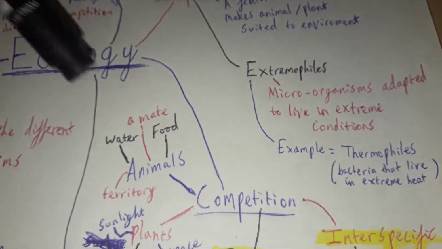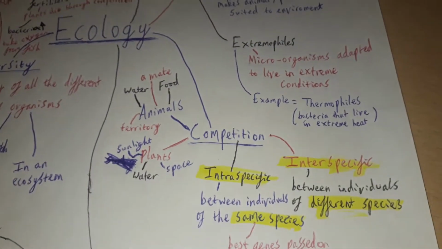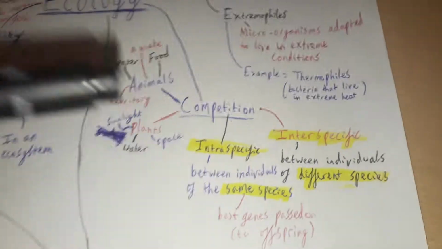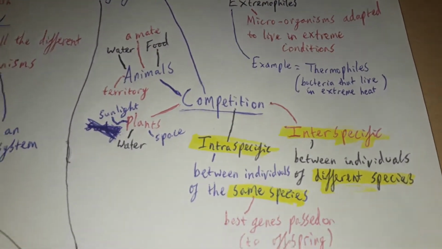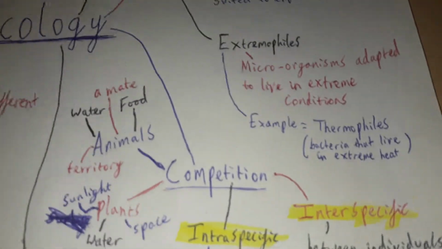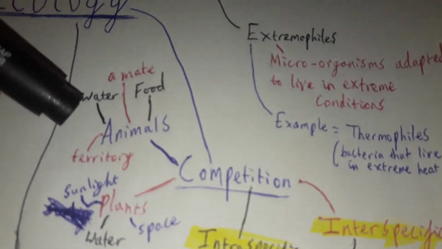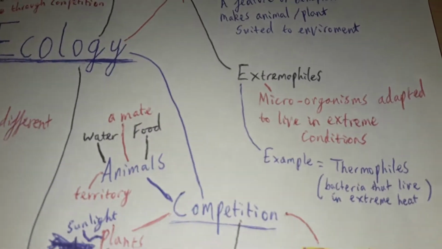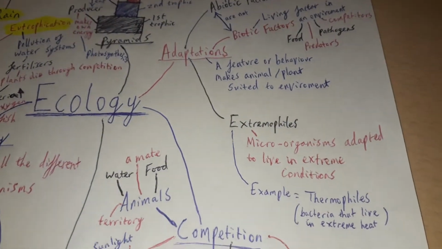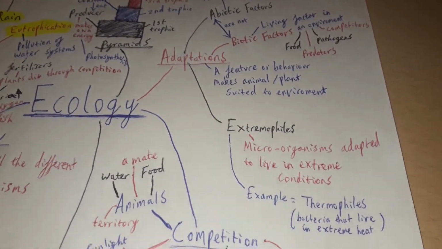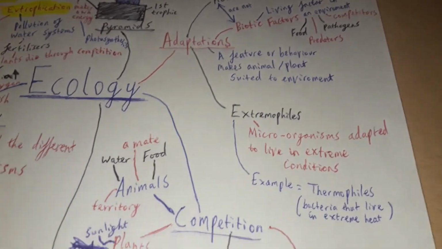Also, they compete for a mate, obviously, to pass on their genes, and that's how evolution works. The strongest genes survive. Also, water: animals will fight over water. Maybe particular animals will get water and particular ones won't, and they'll die out.